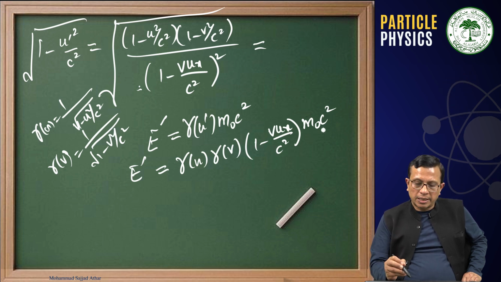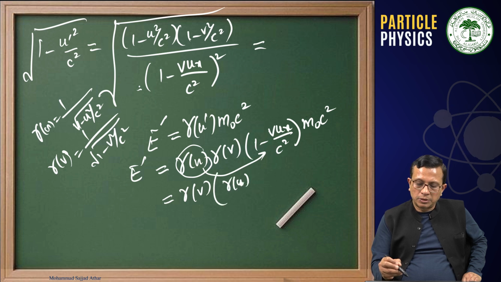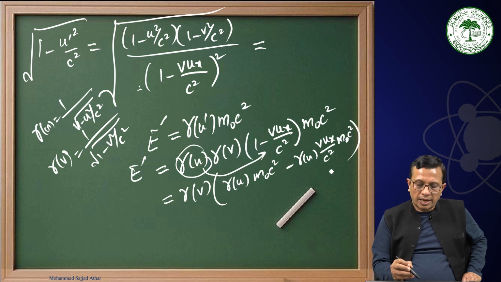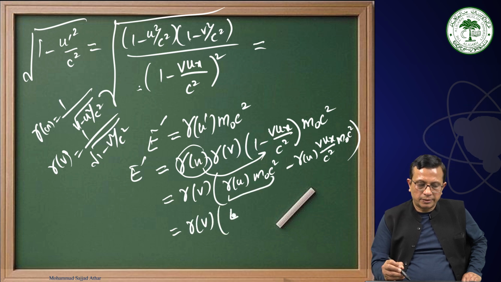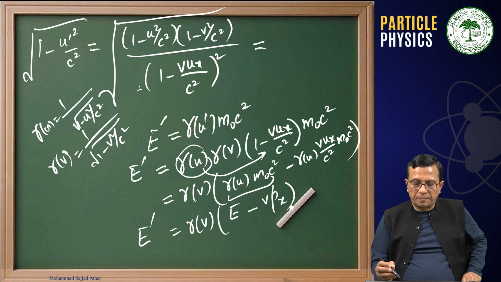And remember that this can be written as gamma u m naught c square minus gamma u v ux by c square m naught c square, and this is equal to gamma v times E minus v px. Therefore, E prime is gamma v times E minus v px.